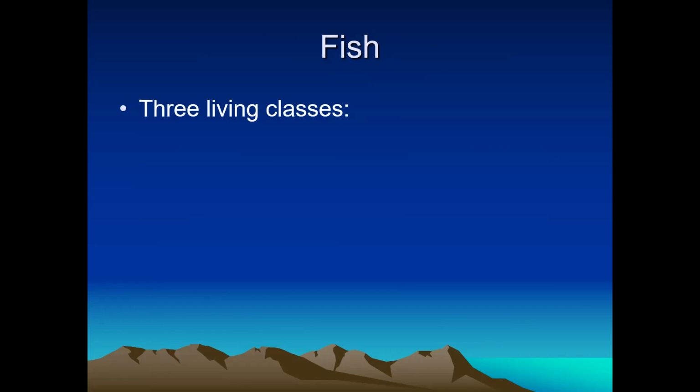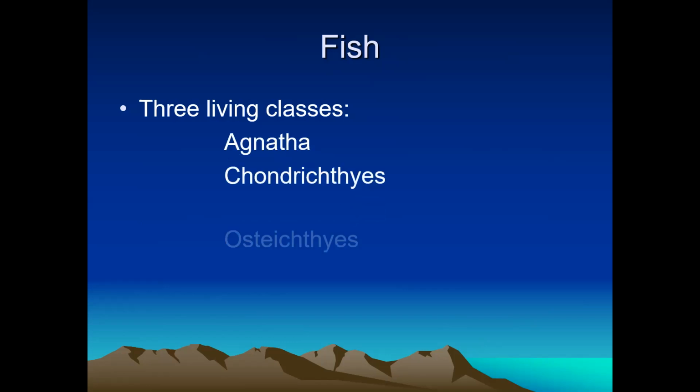So that's why that's worded that way. Agnatha, Chondrichthyes, and Osteichthyes. Ichthys means fish. That's Greek. Ichthyes is the derivative of that for the class name.